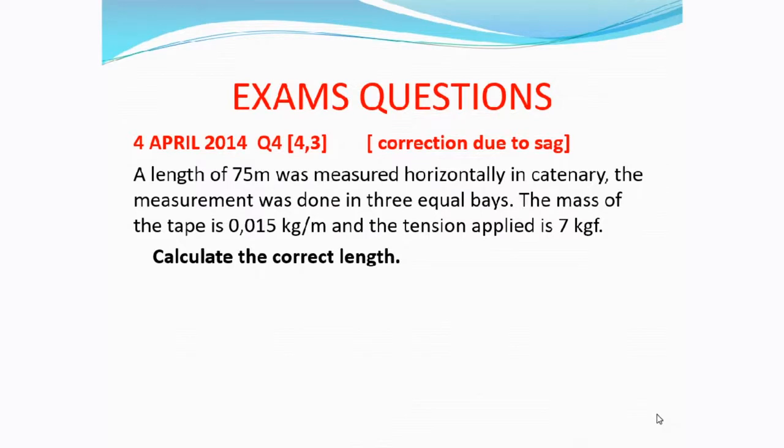Okay, so we are required here to calculate the correct length. As I've said earlier, you should be able to identify the suitable formula here. So here we are required to calculate the correction due to sag, because we have the mass of the tape, we've got the tension, we've got the number of bays.